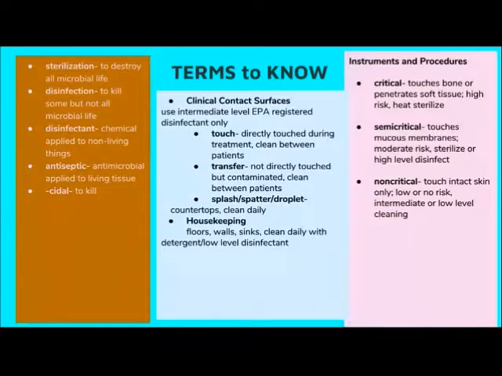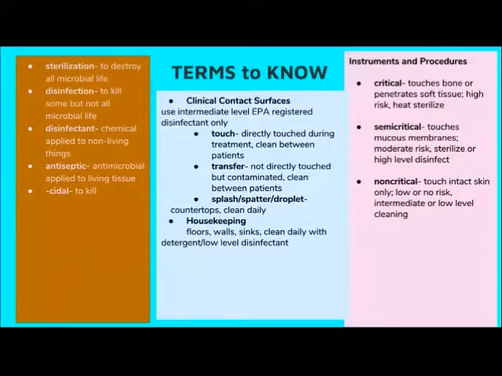Semi-critical are those that touch the inside of the mouth, but have only a moderate risk of transmitting disease. These either need to be sterilized or high-level disinfected. If an instrument is critical, it has to be sterilized.